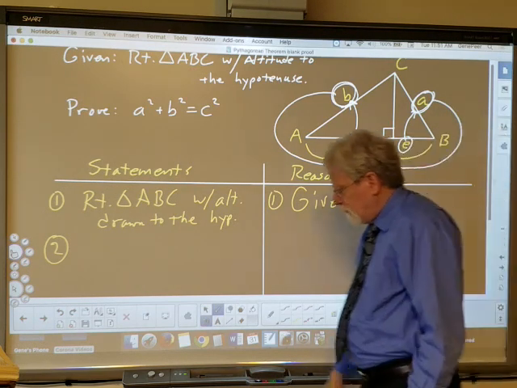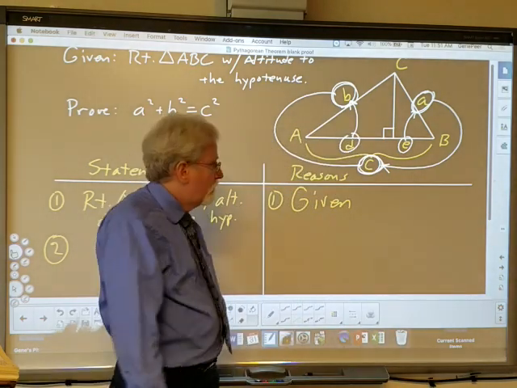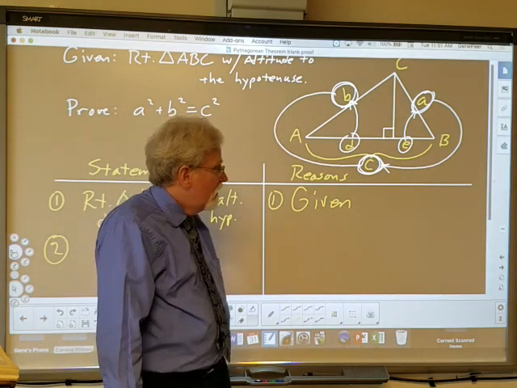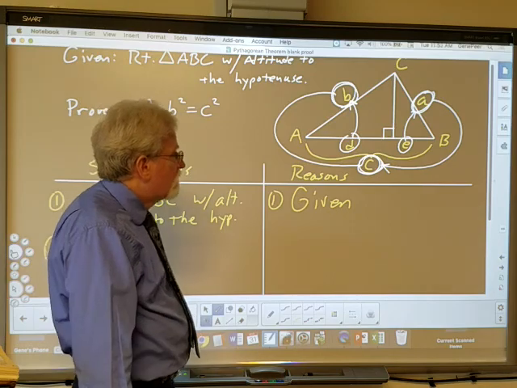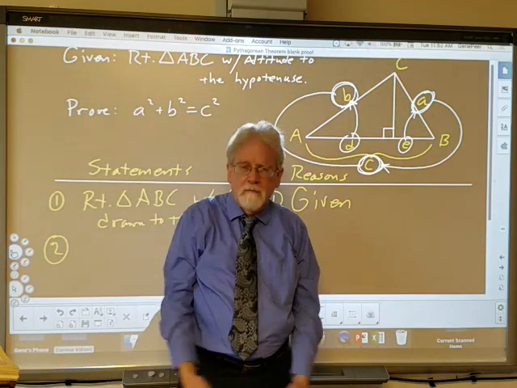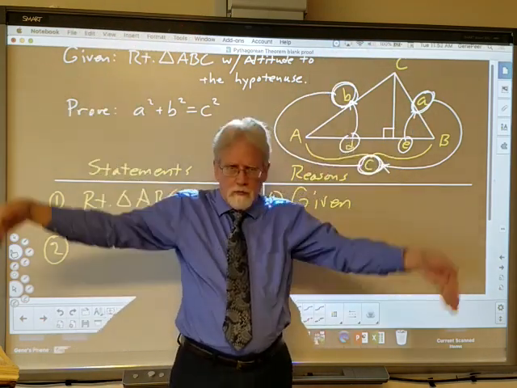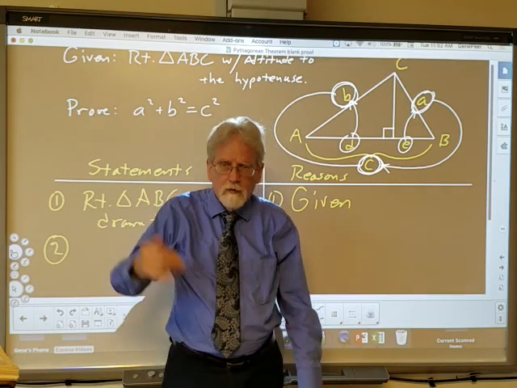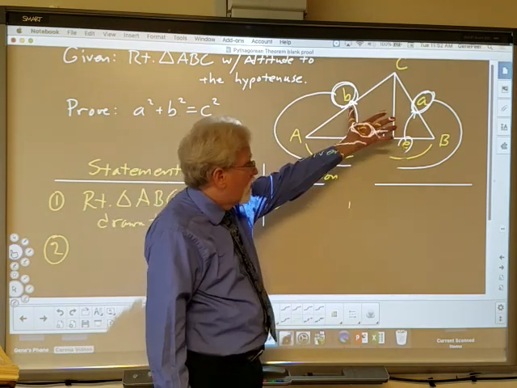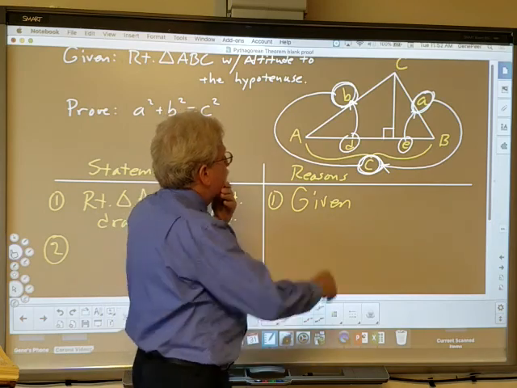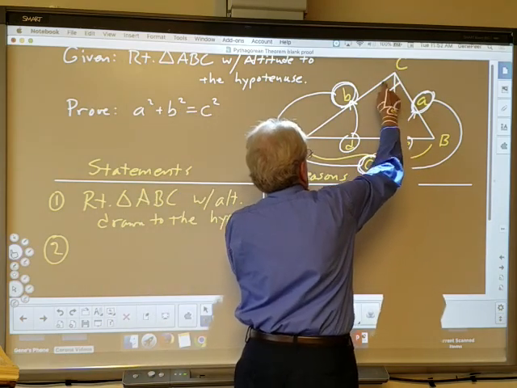By the way, for those of you who are visitors to this YouTube channel and did not see section 8.1, you don't know what this is all about. But this is how we remember corollary 2. Corollary 2 says, when I have a right triangle, oh, I forgot to mark that this is a right angle. There.